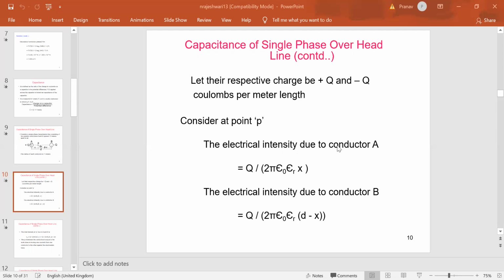So at the point P, the electrical intensity due to the conductor A will be q by 2 pi epsilon naught epsilon r x, and the intensity due to the conductor B is q by 2 pi epsilon naught epsilon r d minus x, because from point P to A the distance is small x, and from point B to P is d minus x.